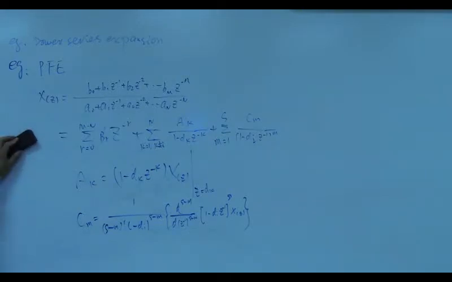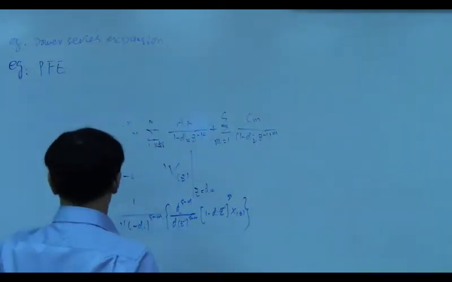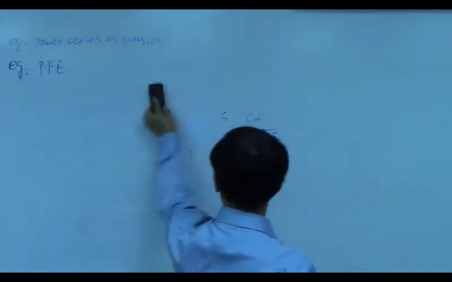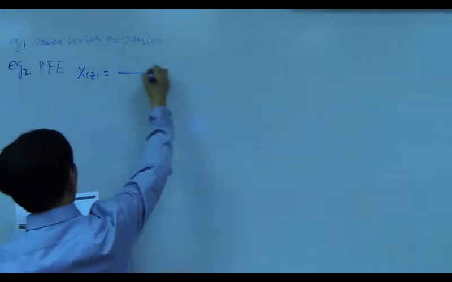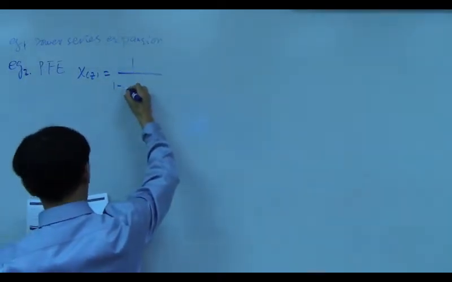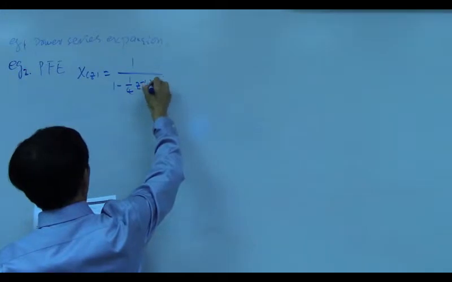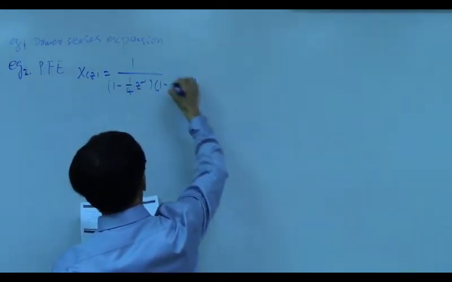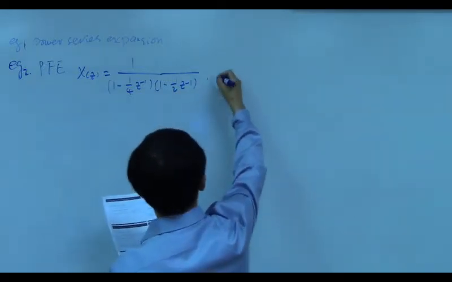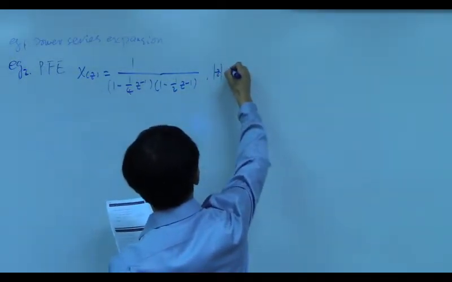Can I erase everything? This one is in the slide. Example 1: X(z) equals 1 over (1 minus a quarter z to the negative 1) times (1 minus half z to the negative 1), and the region of convergence is |z| greater than half.